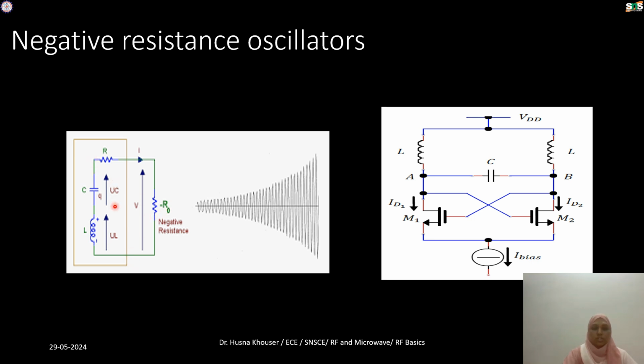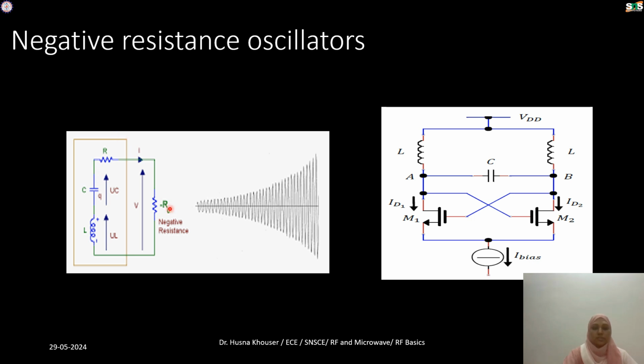So we'll get an oscillated signal, where the signal is produced using this LC circuit itself. We are giving the negative resistance with this feedback network circuit by using the cross-coupling, so they cancel each other.